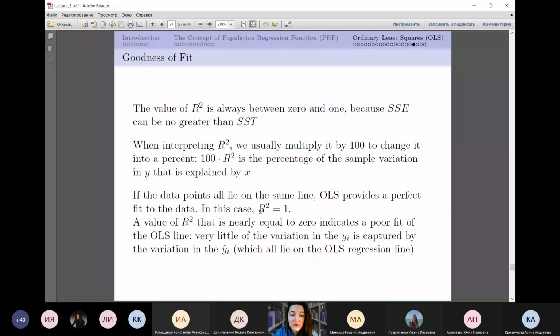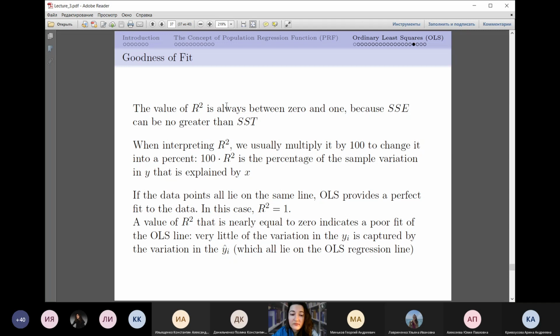And of course, a value of R squared close to 0 indicates a poor fit of the ordinary least squares line. It means that very little of the variation in the dependent variable is captured by the x variables.